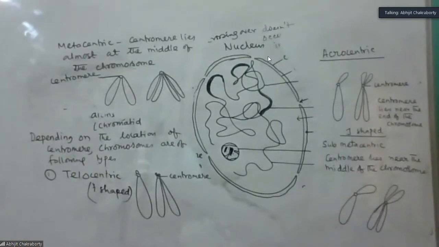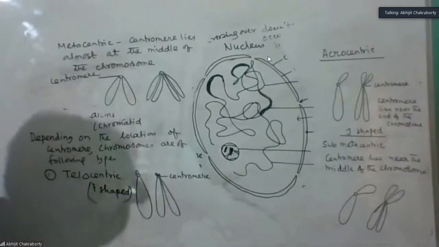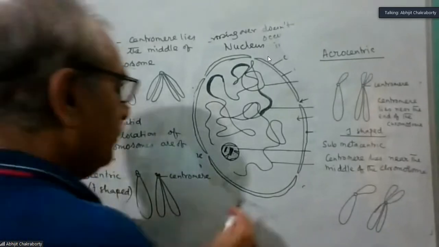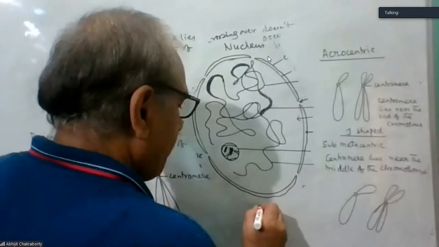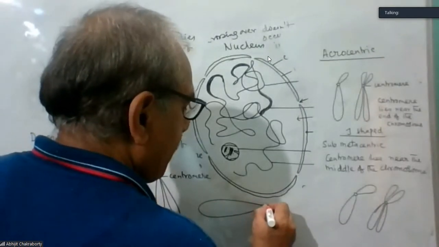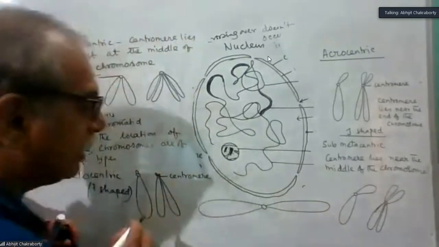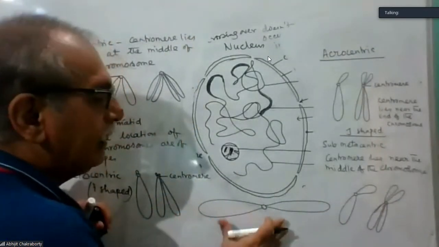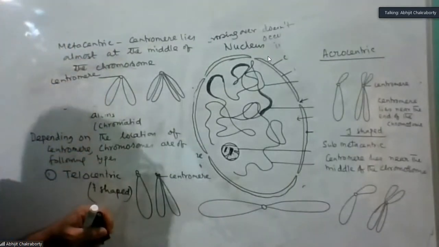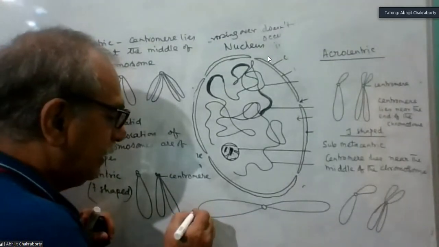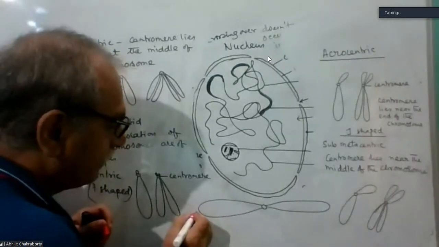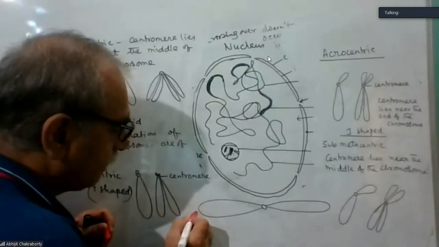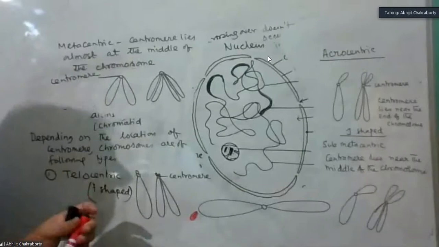Now, if you go to the structure of a chromosome, I will be showing you now. What about the structure of a chromosome? Look, it's a chromosome. Not in all, in one or two chromosomes in a cell, you will get a secondary constriction.